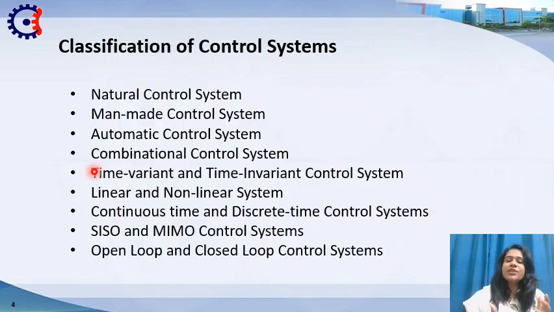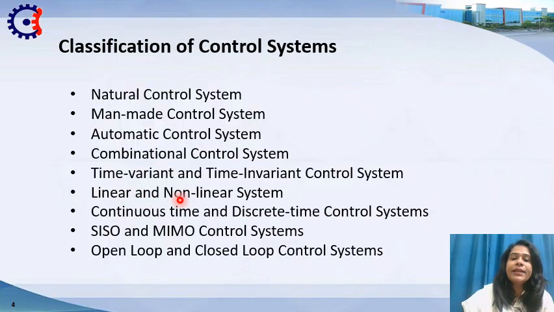Example of combinational control system, automated industrial process control. Then time variant and time invariant control system. Time variant system parameters change with time, and time invariant system parameters remain constant over time. Example, battery performance changing with age.